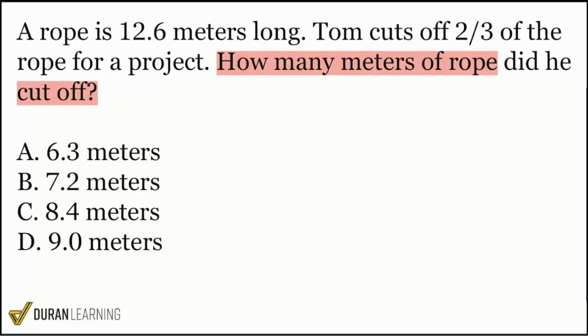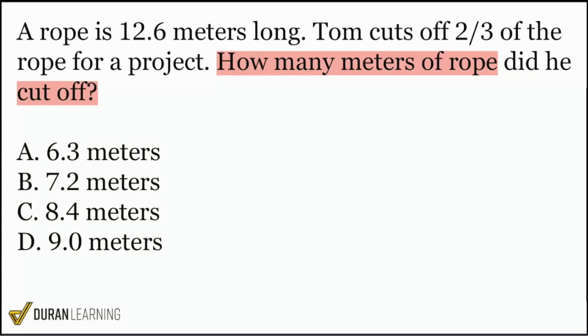Now, everyone, quick question. When we typically think about the phrasing of cutting something off, what operation do we typically think of? Yeah, we typically think of subtraction. When we're cutting something off or removing something, we think about subtraction.